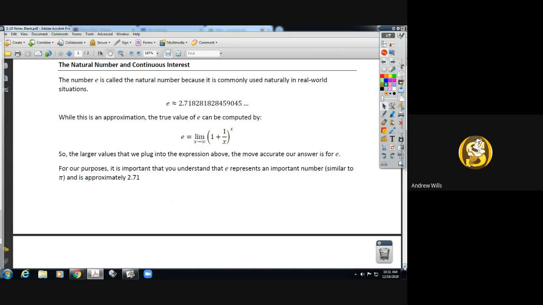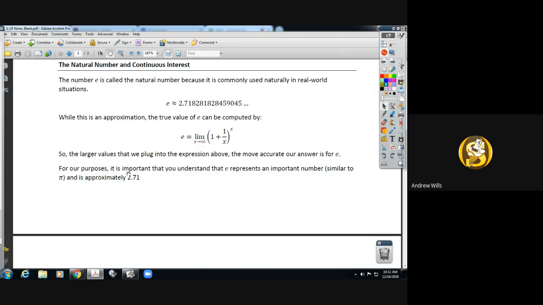Now, E is like pi. It is an irrational number that goes on forever and never repeats. It is approximately, and this is the value that we will use in class, 2.71. Now, E is actually equivalent to the limit as x approaches infinity of 1 plus 1 over x to the xth power.